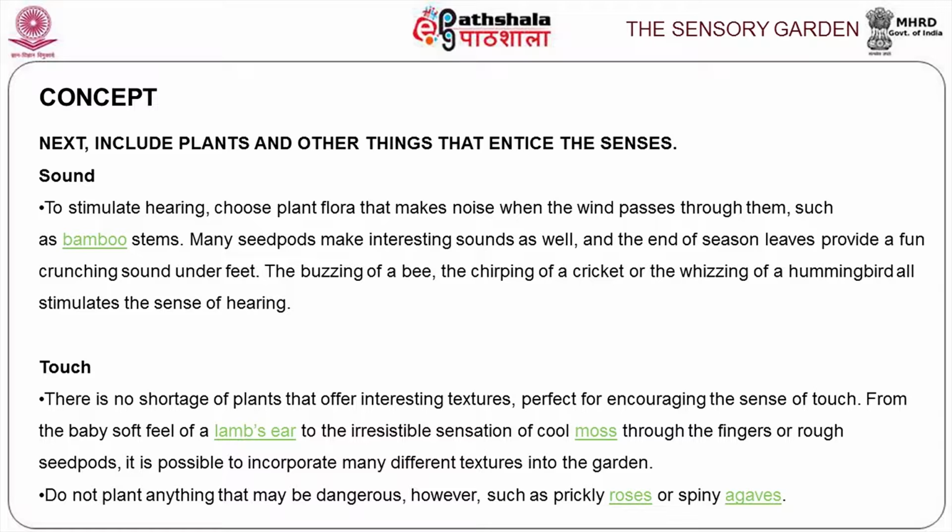Then seeded pods make sounds. So you have to use them in such a way. Then your touch. Some plants, you always feel like going and touching and feeling the texture, a very smooth, soft texture. So cool texture. Touch is the second feeling we are going to talk about.